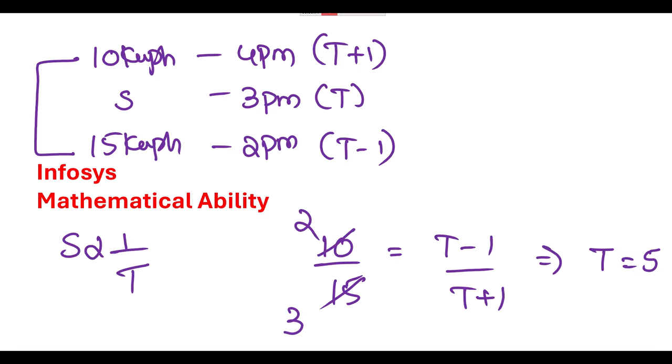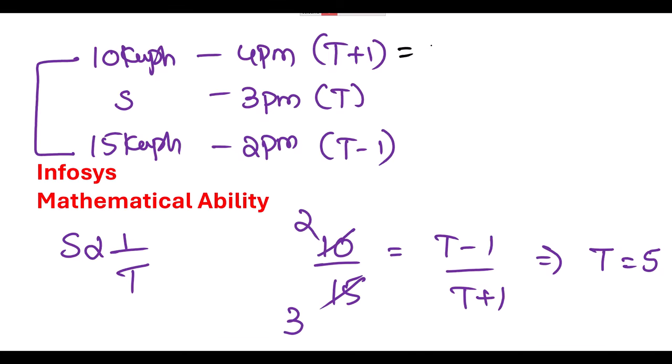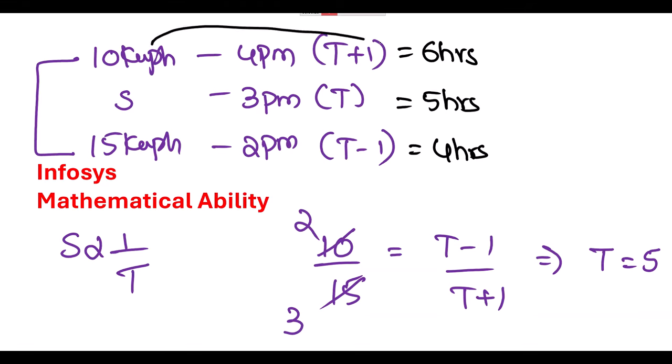Now, this is another method I am giving you. If t is 5, here you are taking 6 hours to reach the destination, here 4 hours, and here 5 hours. At 10 kilometer per hour for 6 hours, the distance traveled is 60 kilometers.